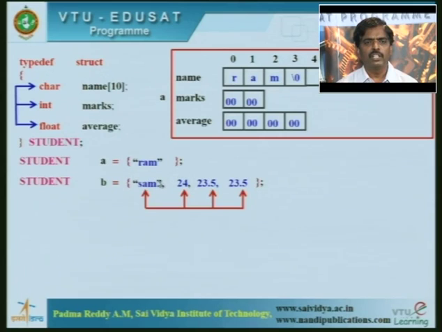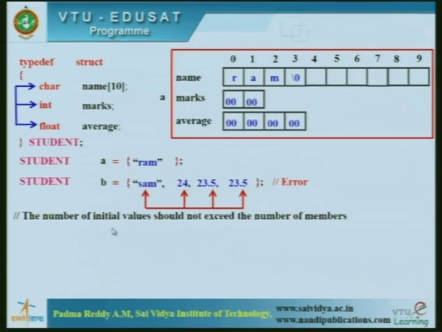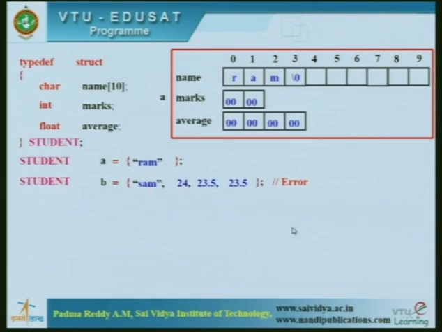So, definitely the compiler will give an error. So, it is an error. The number of initial values must be equal to the number of data members, or it may be less, but it cannot be more than the number of members. So, the number of initial values should not exceed the number of members.